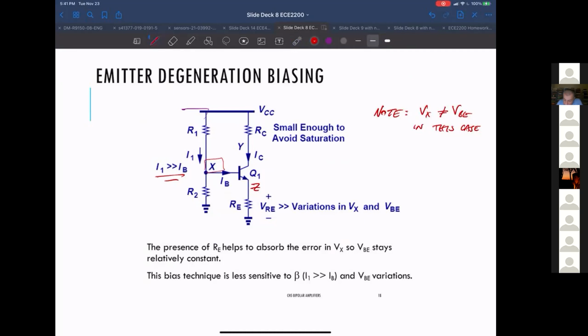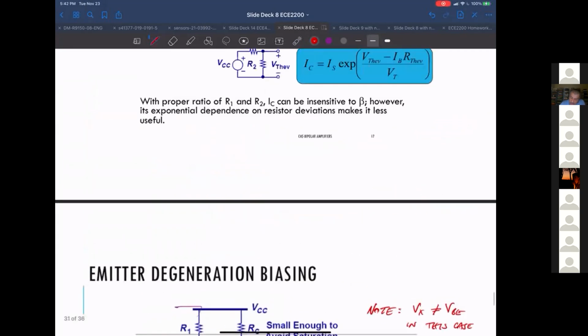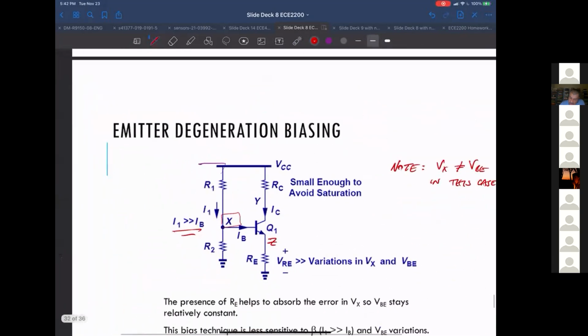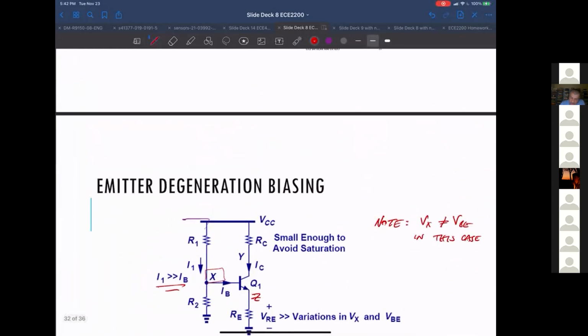So the major idea behind this approach is that, in the case where we just have the emitter grounded, let's draw it here.